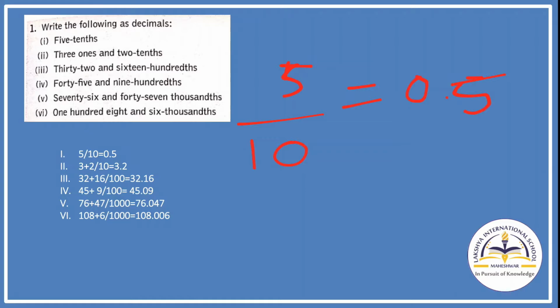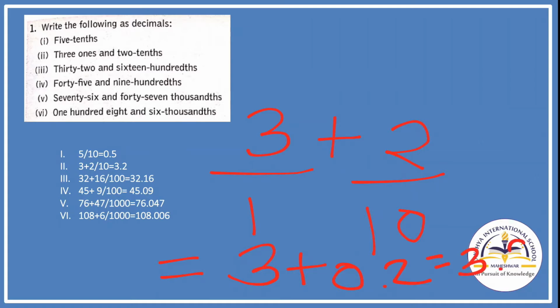Now 3 ones means 3 by 1, and 2/10 means 2 by 10. 3 is simply 3. When you divide by 1, you will get 3 only. Now 2 by 10, when you divide, you will get 0.2. Now 3 plus 0.2 means 3.2. This will be the answer.